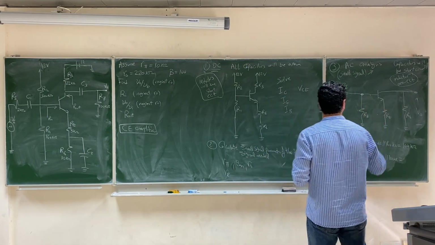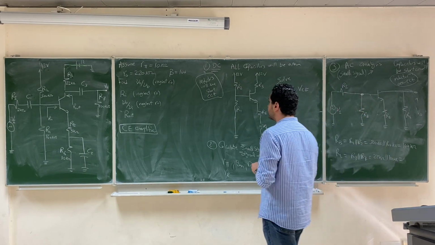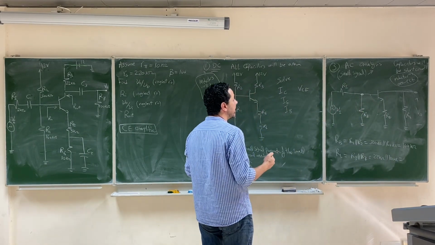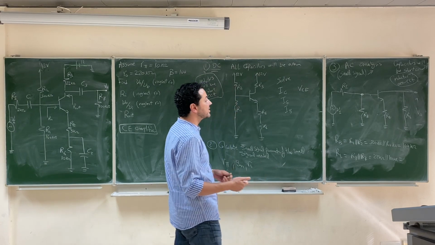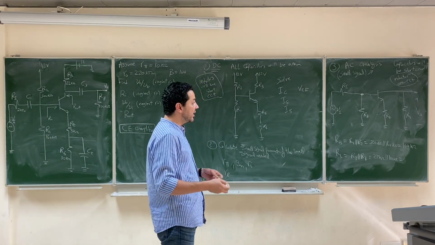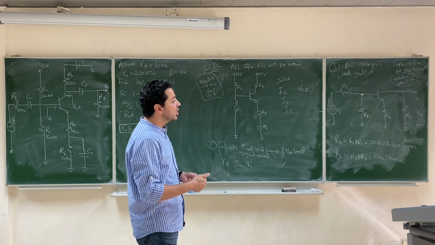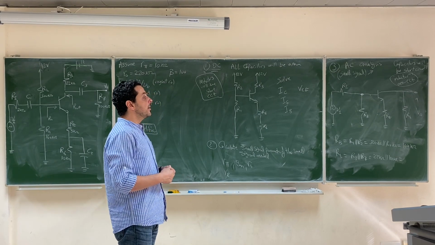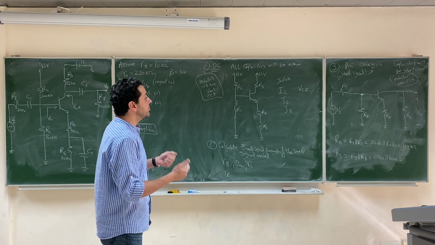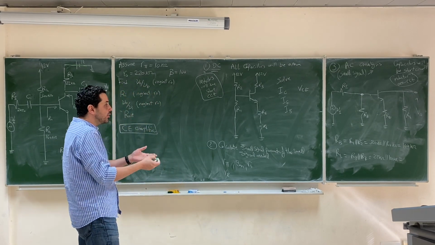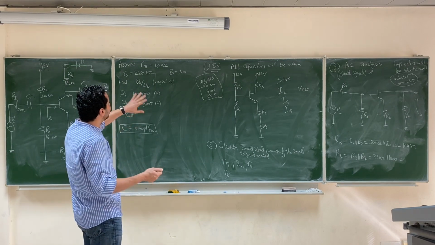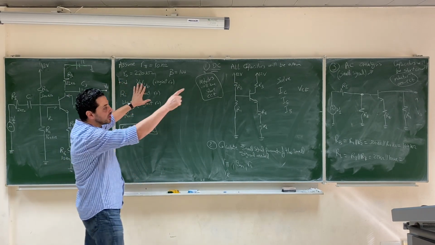So now we simplified our circuit for the AC analysis, and what we can do now is replace the transistor with the model. As we said, it might be easier to use the pi model. But before we do that, let's look at the general steps.